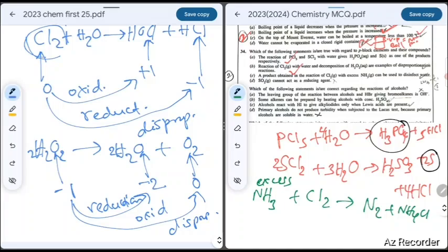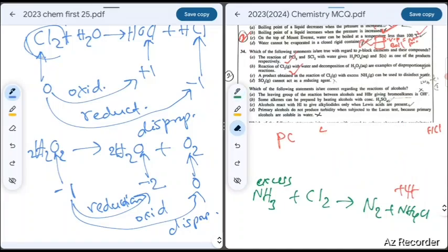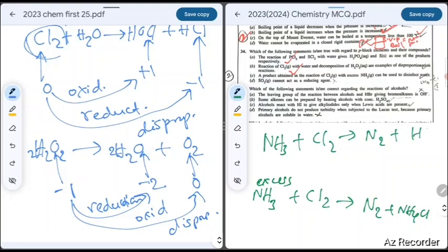Now what happens if there is no excess? The normal reaction will be what? NH3 plus Cl2 will give N2 plus HCl.